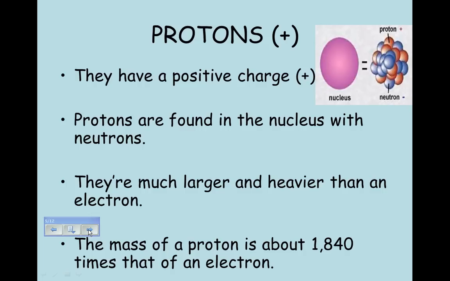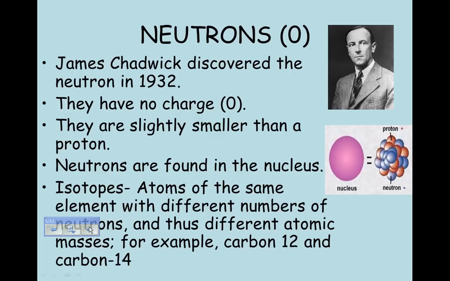Neutrons, James Chadwick discovered the neutron, 1932. They have no charge. Says they're slightly smaller than a proton. We said that they're about the same size. They are found in the nucleus. And isotopes are atoms of the same element with different numbers of neutrons. So they have different atomic masses.